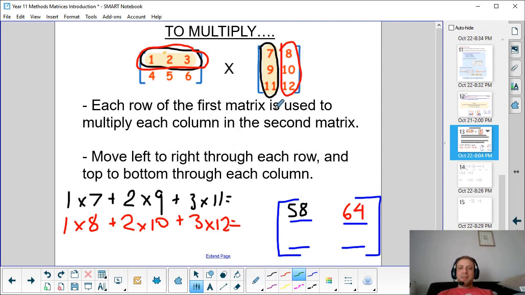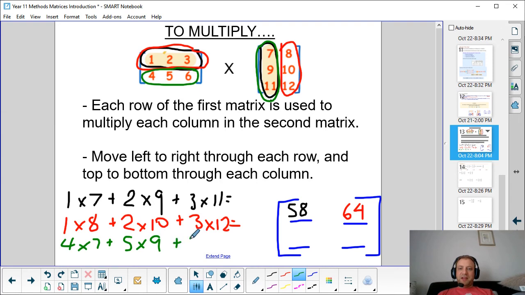Okay, now there are no more columns for me to multiply this top row by, so I'm going to move on to the bottom row. Okay, so the bottom row is now going to multiply each of these columns as well. All right, so let's work our way through. We've got 4 by 7. We've got 5 by 9.